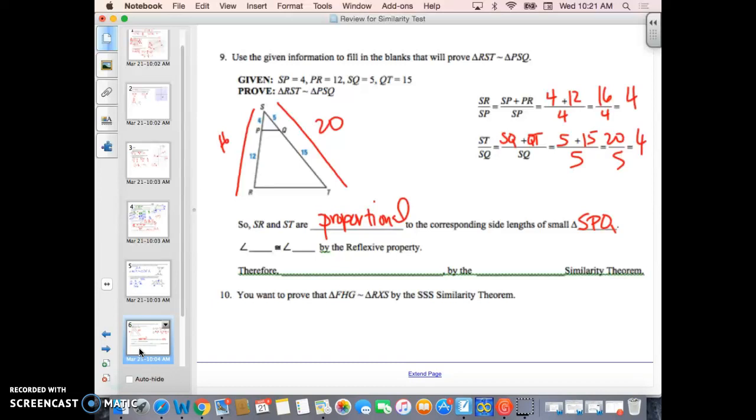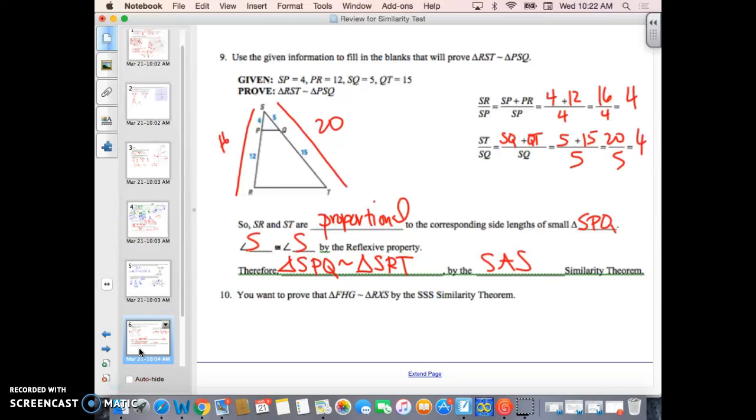And then you would say angle S is congruent to angle S by the reflexive property. Therefore, triangle SPQ is similar to triangle SRT by the SAS similarity theorem.